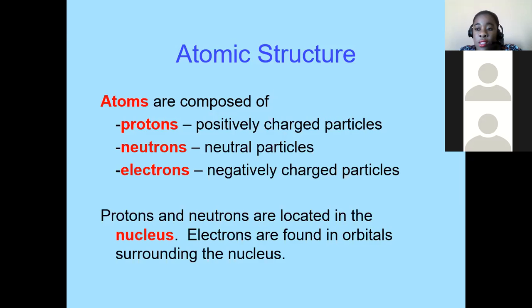So this makes the nucleus have a positive charge because the proton is positive and the neutron is zero. So there's a positive and a zero there, which makes it positive. And then outside would be negative because electrons are found in orbitals surrounding the nucleus. We also refer to them as shells, and we're going to see more about that.